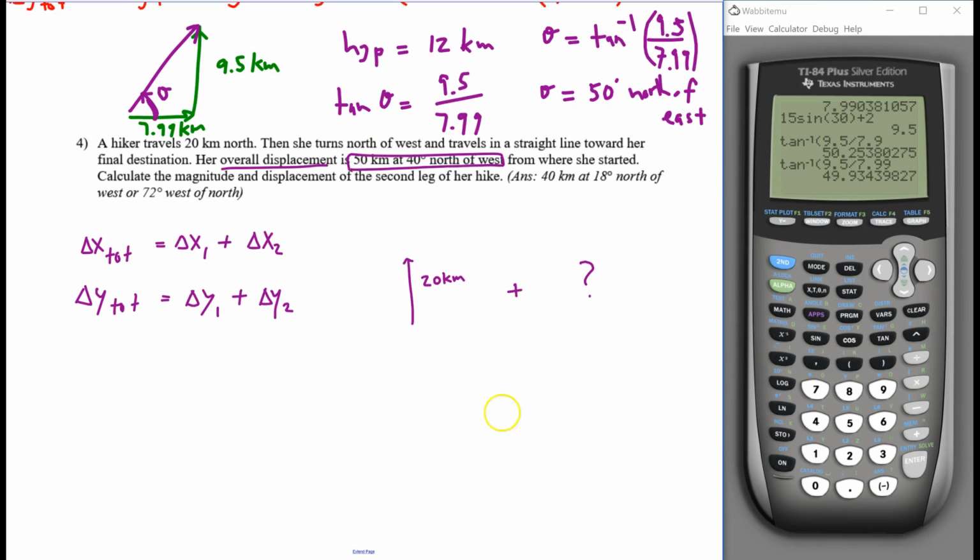So let me draw the resultant. When I add these up, I get north of west. My reference is west. And from west, I have to go 40 degrees. And the vector points along that angle, 50 kilometers.